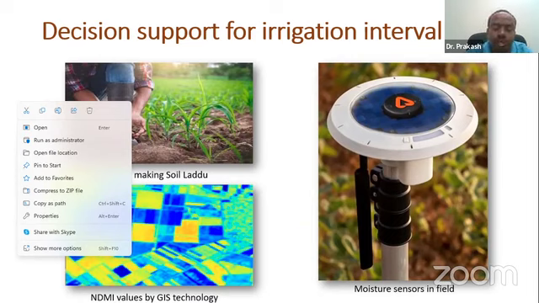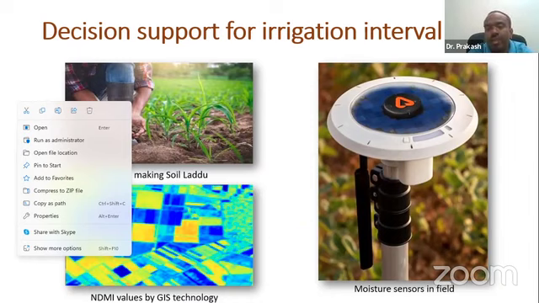At that time, NDMI technology also properly guides us with logical answers on the irrigation interval. And when we are in the field, we can make a ball, a laddu, from the soil and decide whether it is in OPSA condition or not. So such decision support technologies support our irrigation scheduling.